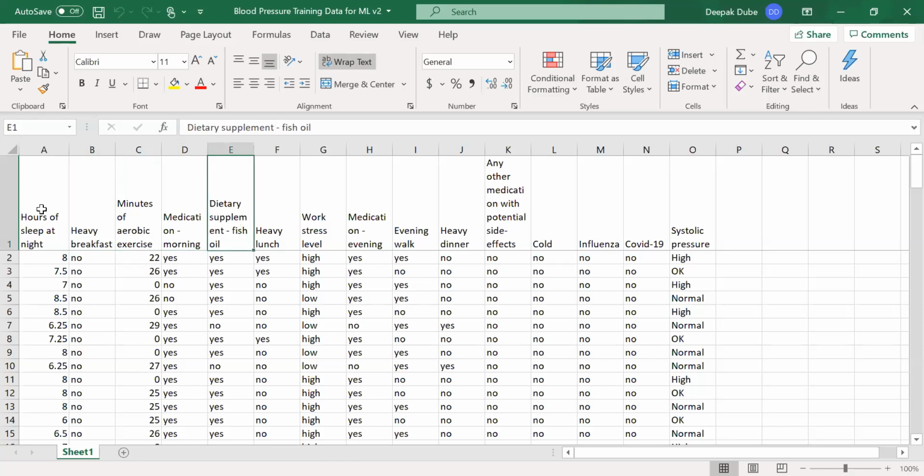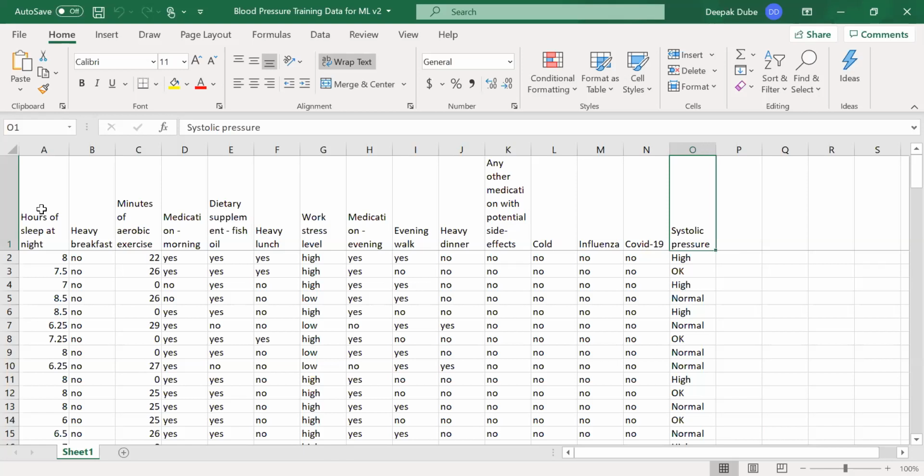You record these readings diligently, one per day, and in the end, you have a spreadsheet of various parameters that influence your blood pressure, the last being what you want to study. This is what you want to gain insights about, the systolic pressure.